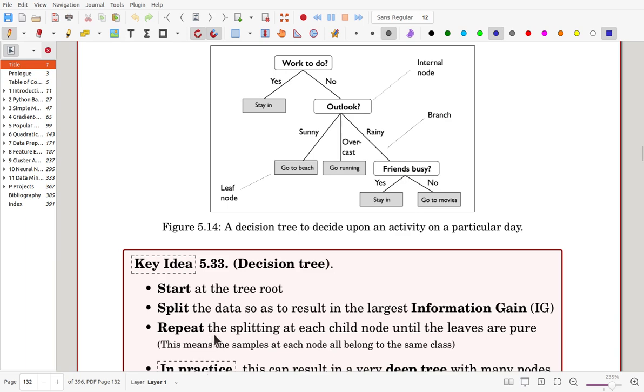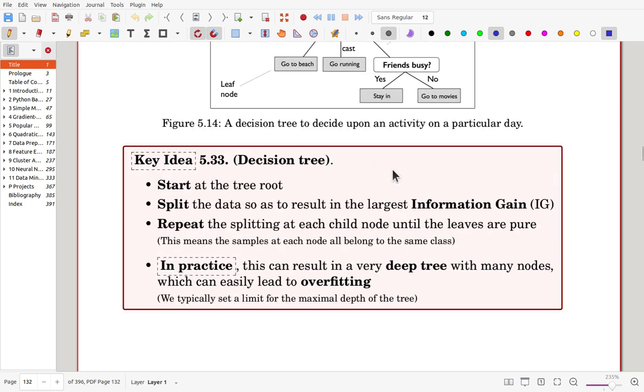Repeat the splitting at each child node until the leaves are pure. That means that in the end, each node has points that belong to the same class. Until then, we can keep splitting.